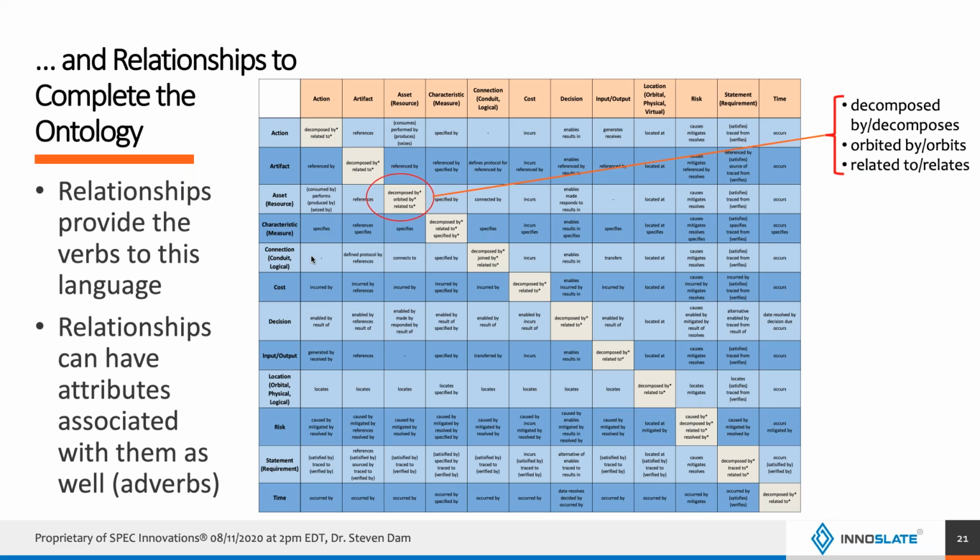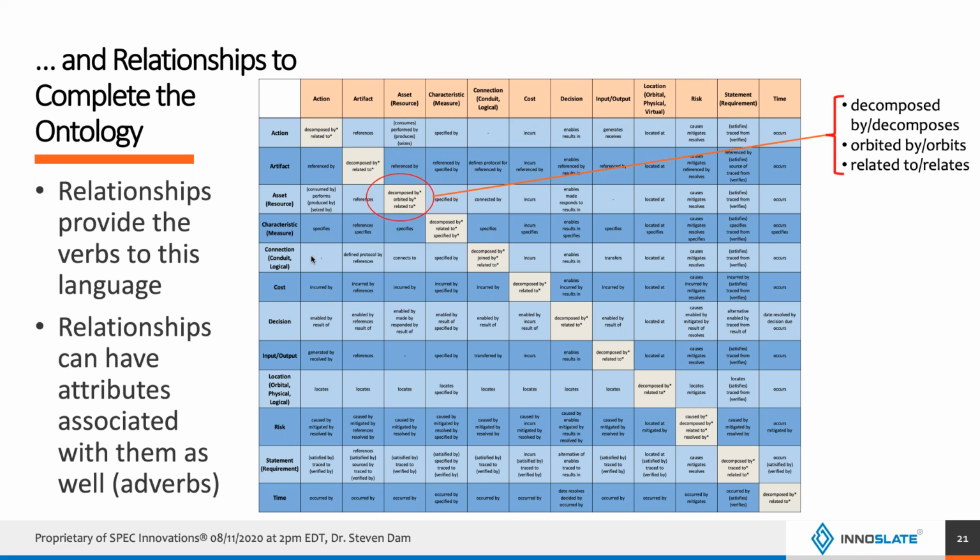And the other thing we did was make sure that the consistency in the verb form of the relationship is the same whether you're coming or going, depending on which direction you're coming from. So that helps you track and see. So I see a characteristic specifies an action, and an action specified by a characteristic. So that makes good sense.